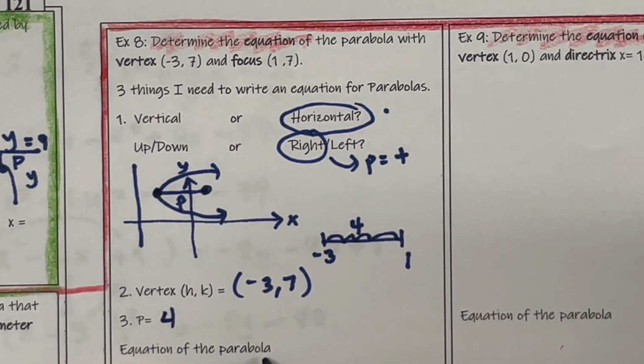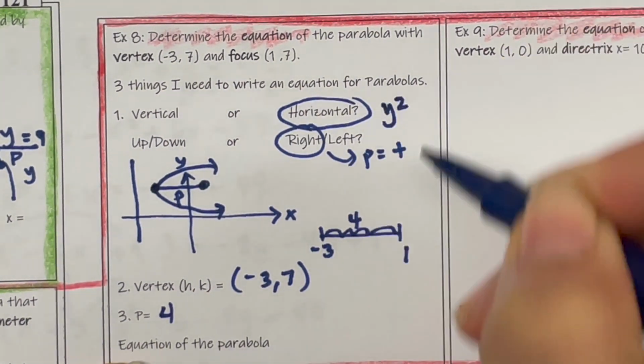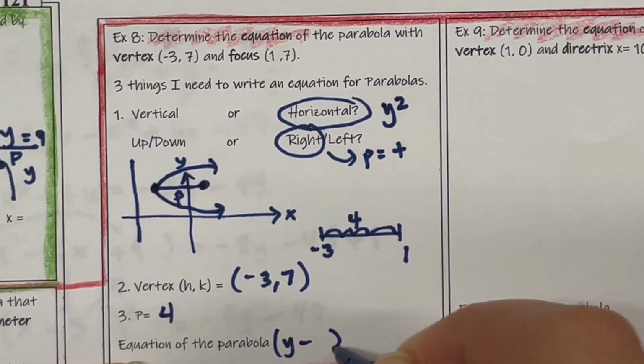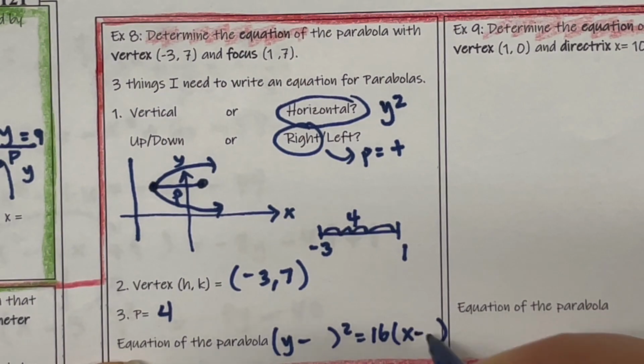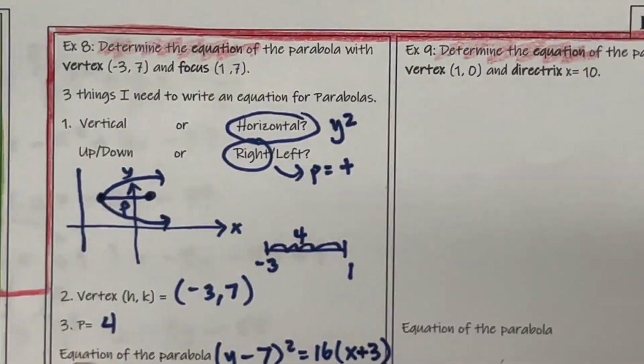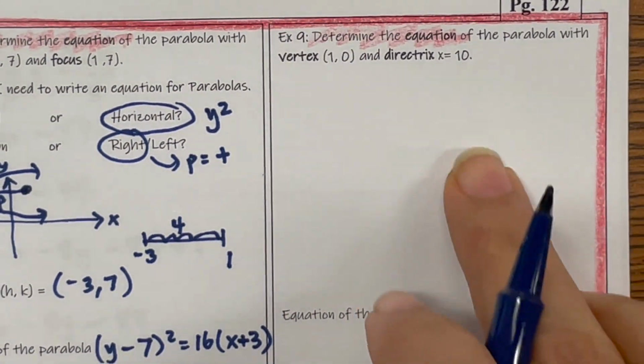So P is equal to 4. Once I have that, I can put in my equation. Y minus 7, squared, equals 4 times P, which is 16, times x minus whatever it is. So the vertex is (-3, 7), which gives x plus 3. And that's it. Go ahead and give this a shot, doing the exact same thing. Three things you need to know in order to write an equation. Let's practice.